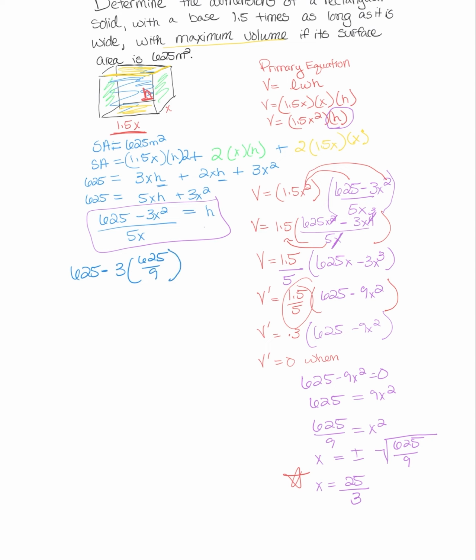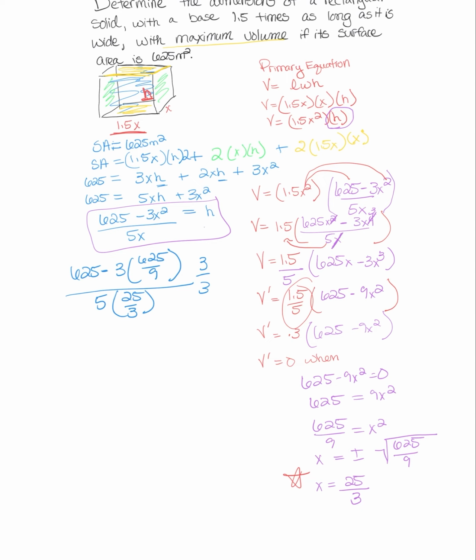Because it's the same thing as last time: we have the square root, and that's actually what x is, but when you square it, the square root goes away. Divided by 5 times x, and we can just leave it as 25 over 3, simplified. Here, I'm going to multiply the top and the bottom by 3 again, because I want that 9 to go away.